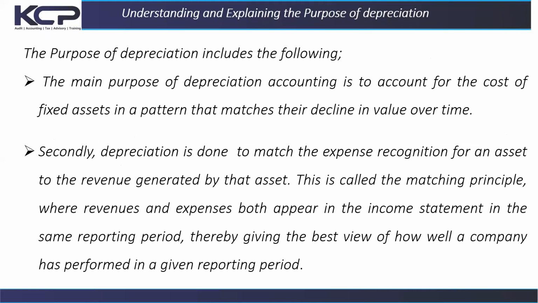There are two components of the comprehensive income statement. You have the income statement proper, and you have the other comprehensive income. Within the purview of IAS 16, it says that you should recognize the cost of that very asset. Note the cost of the asset.